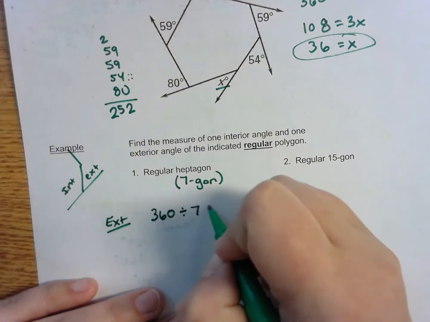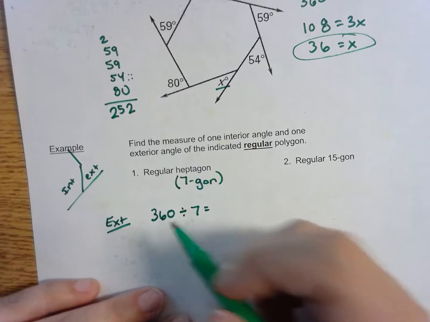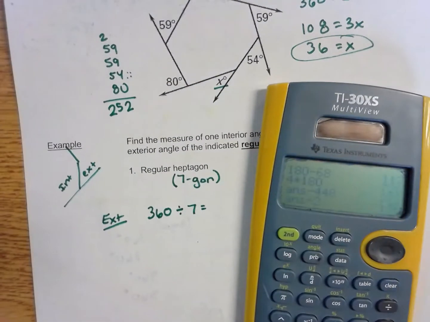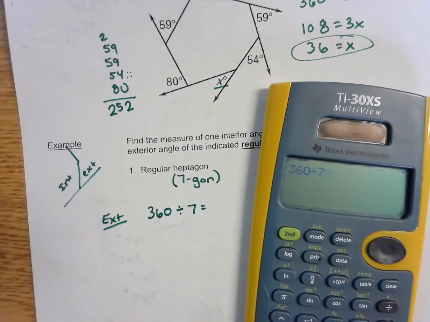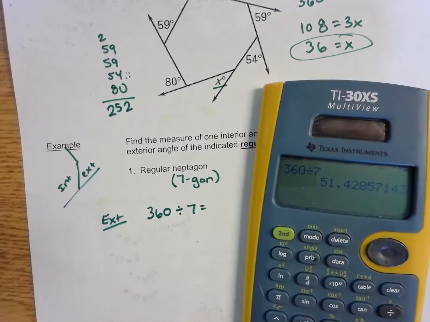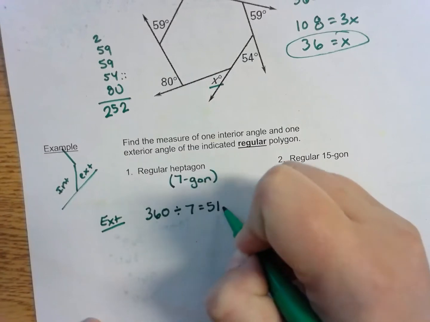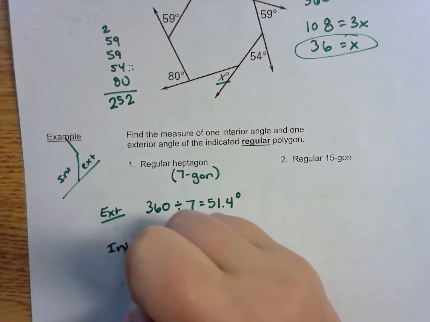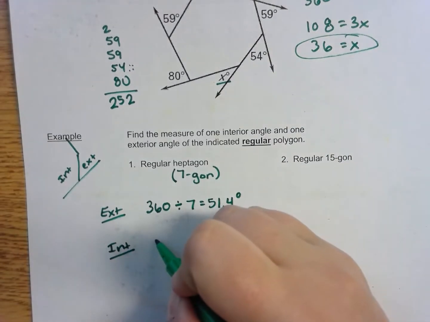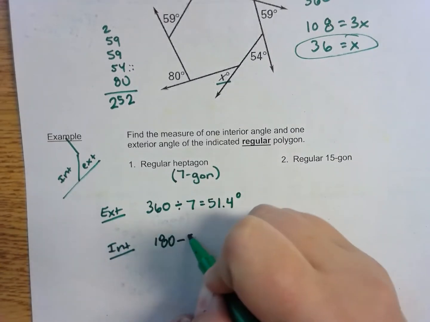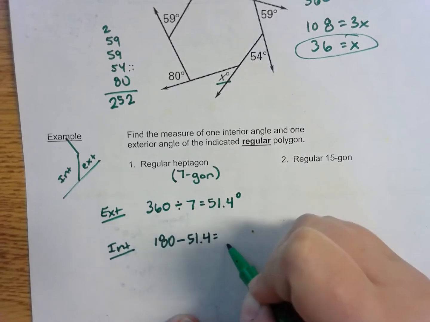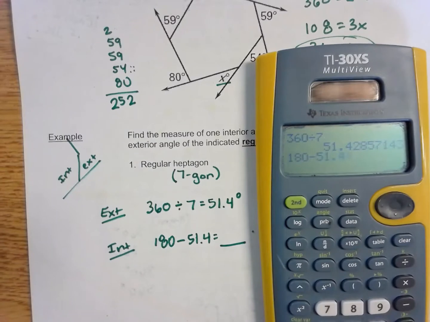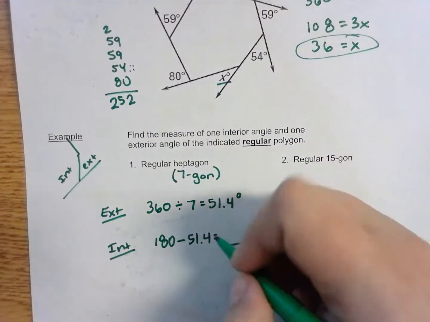So 360 divided by 7 gives me, this is not a nice number, 51.4. Okay, so then interior, I'll just subtract the exterior from 180. 128.6.